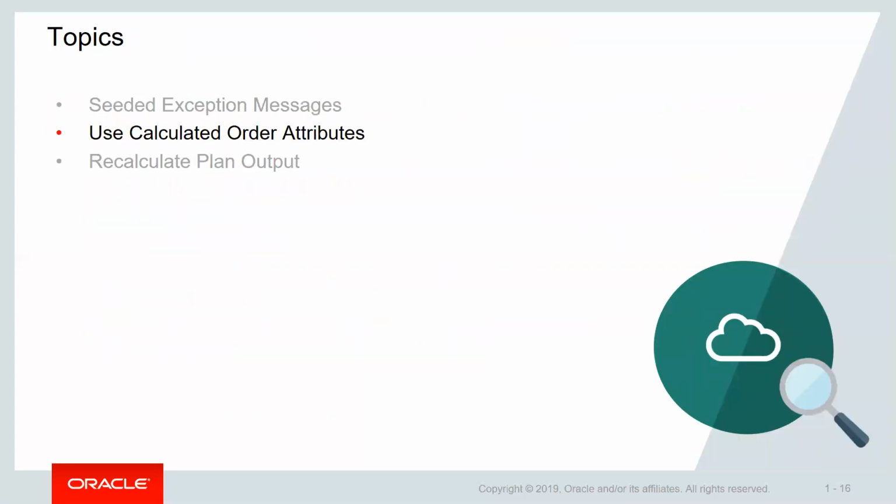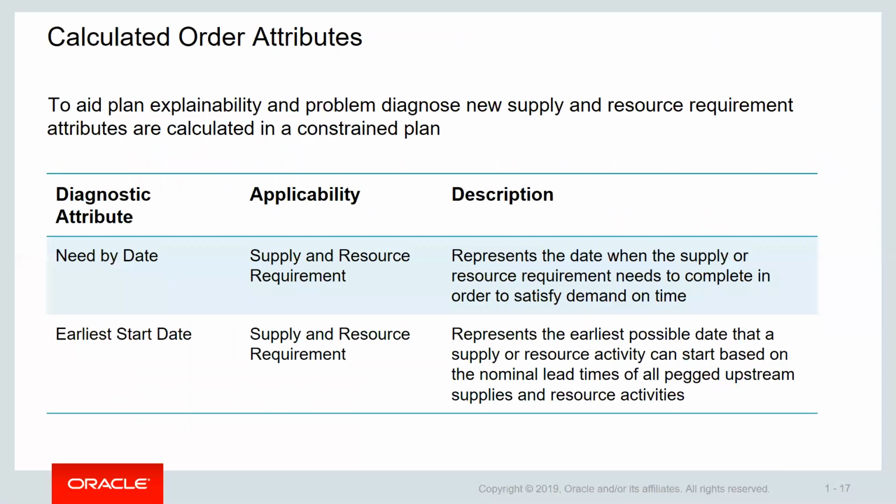The next section we are going over is the use calculated order attributes. For constraint plans, new attributes are calculated and available in the supplies and demands UI or resource requirements UI to aid plan explainability.